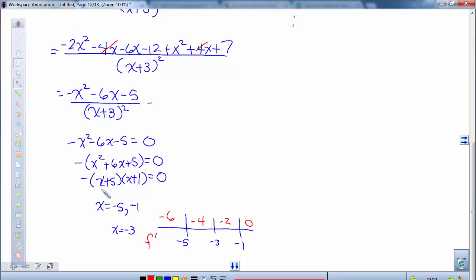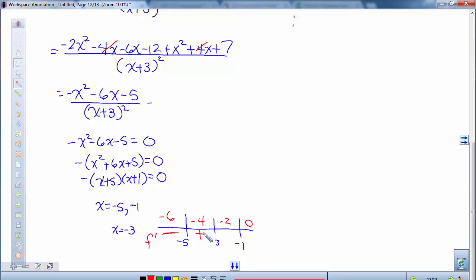So if I put in -6, -6 plus 5 is negative, -6 plus 1 is negative. 3 negatives gives us what? Negative. Okay, then we got -4 plus 5 is positive. -4 plus 1 is negative, so we get 2 negatives. That's positive.